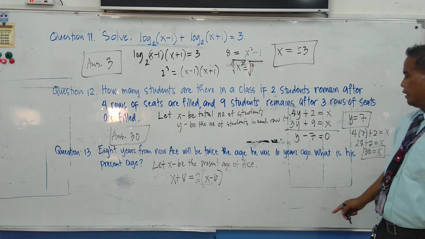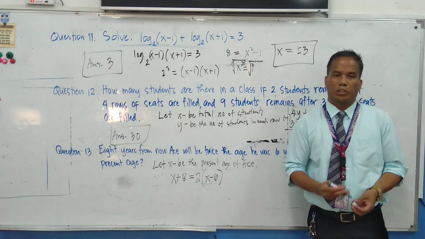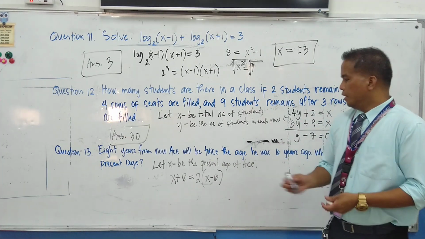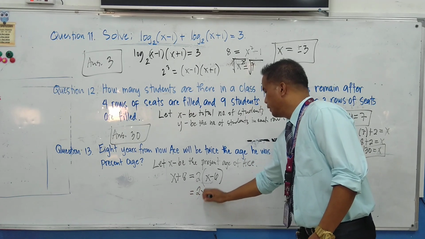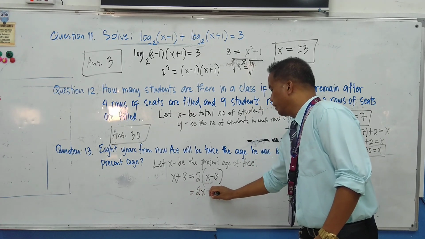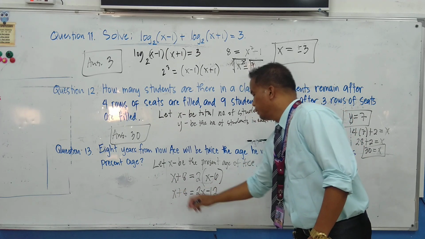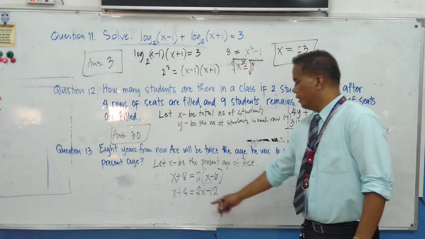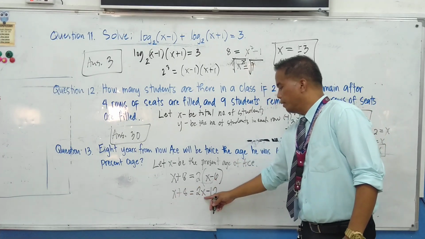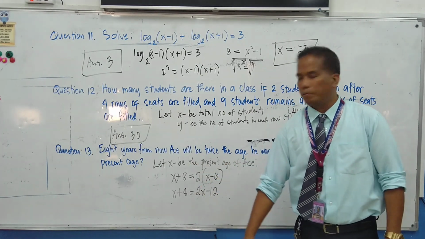Okay? Now, what is his present age? So we will solve for x. Distribute: 2 times x is equal to 2x. 2 times negative 6 is minus 12. Then just copy x plus 8 here. Then combining similar terms, we can transpose x to the right side, and the negative 12 to the left side.